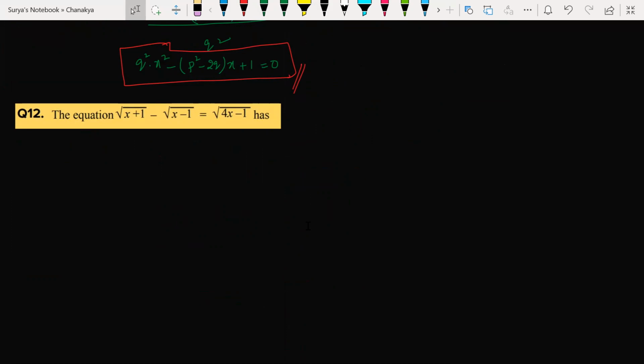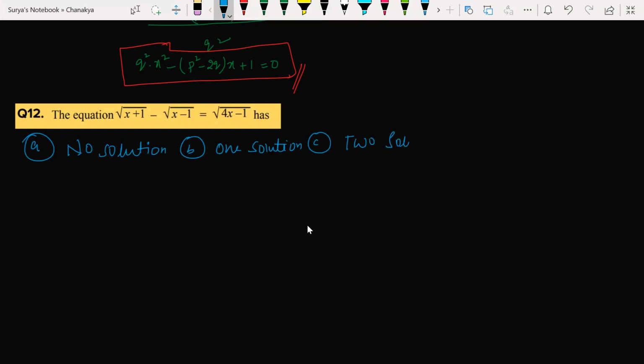The equation under root of x plus 1 minus under root of x minus 1 is equal to square root of 4x minus 1 has what? Option A, no solution. Option B, one solution. Option C, two solutions.